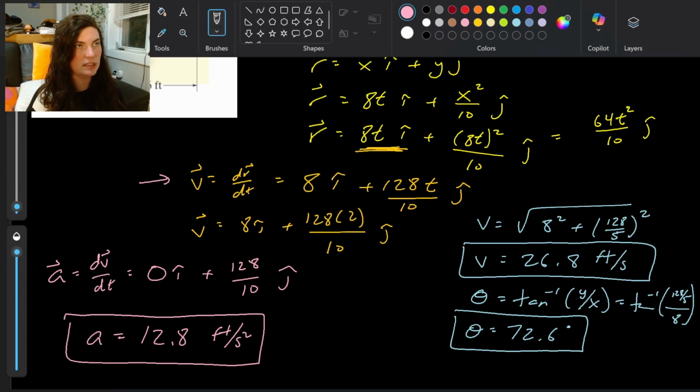And then what direction is that acting in? Do I even need to do math to find out? Not really, because it acts entirely in the j direction, that y component direction, which means it's acting straight upwards, right? No acceleration in the x, only acceleration in the y. So the direction this acceleration is acting in is 90 degrees, just straight up.